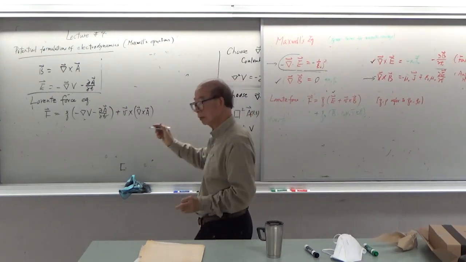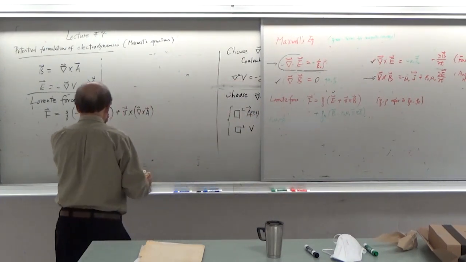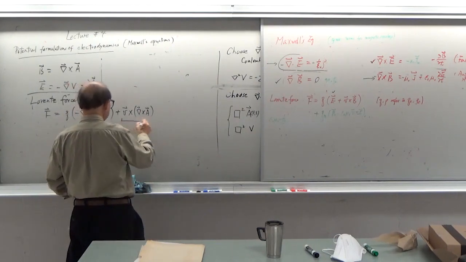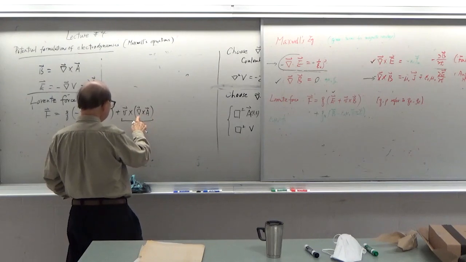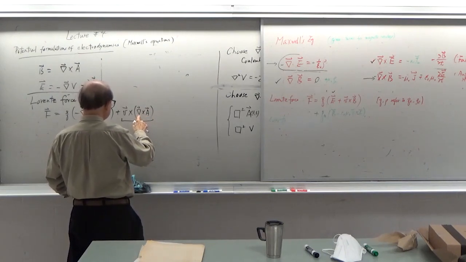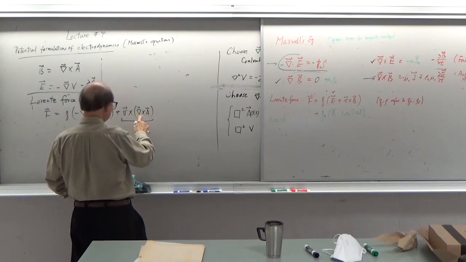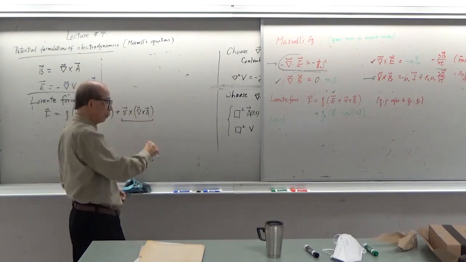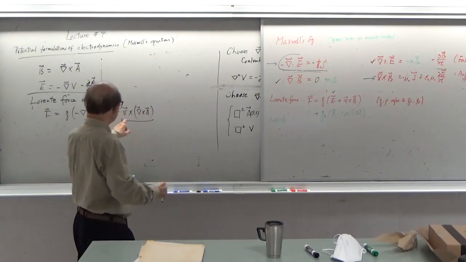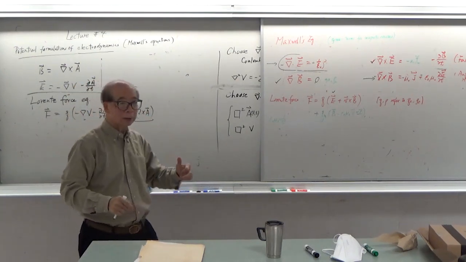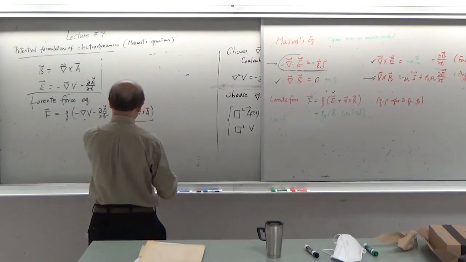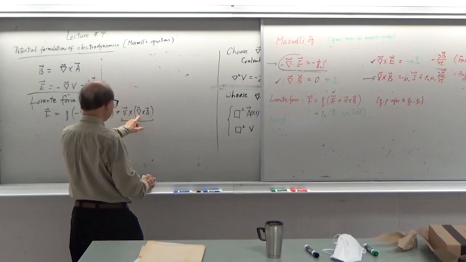And let's simplify this equation. Well, this is a triple cross product. So there are two terms, one in the direction of this vector, the other in the direction of this vector. This gradient acts only on A and not on v, since v does not depend upon position explicitly. So in fact, I can put this to the right side of the gradient.